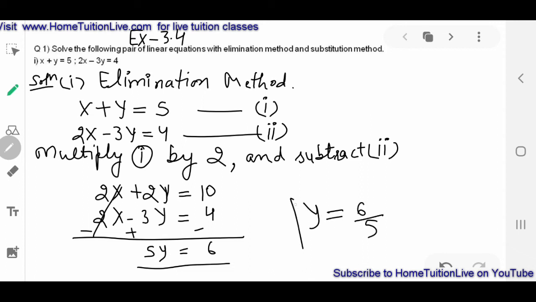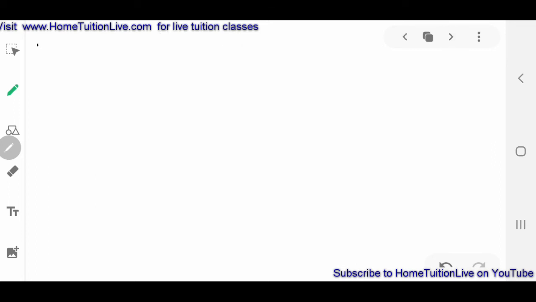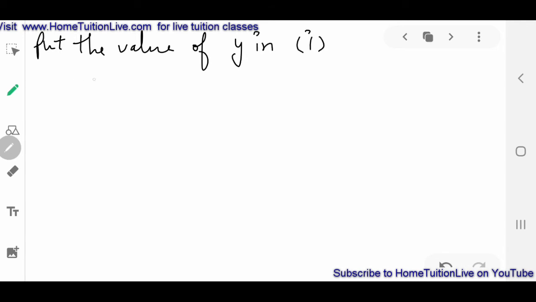Okay, now put the value of y in first equation. First equation is x plus y equals 5. So x plus 6 by 5 equals 5.